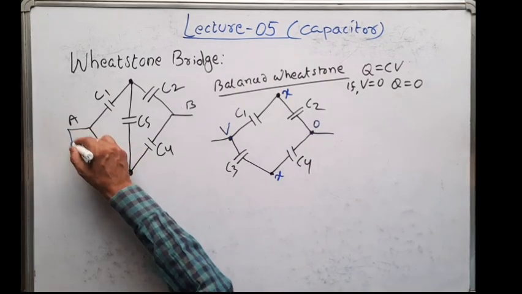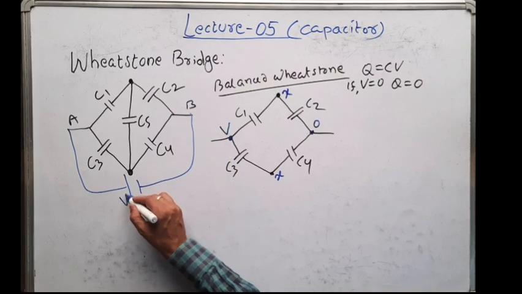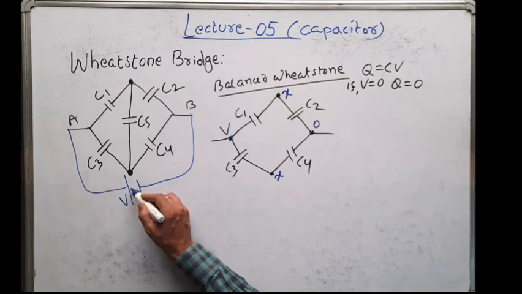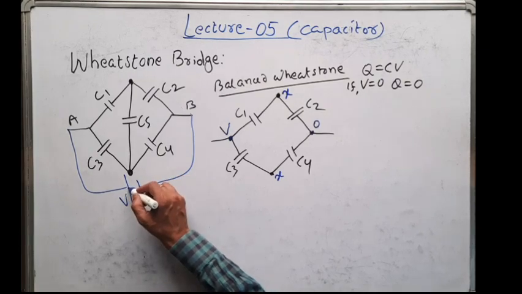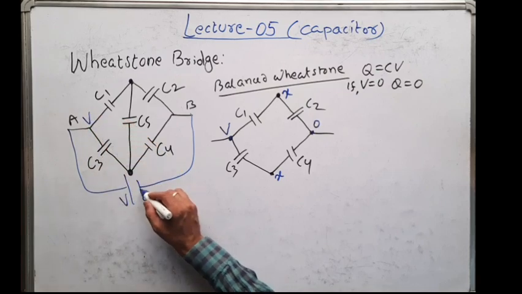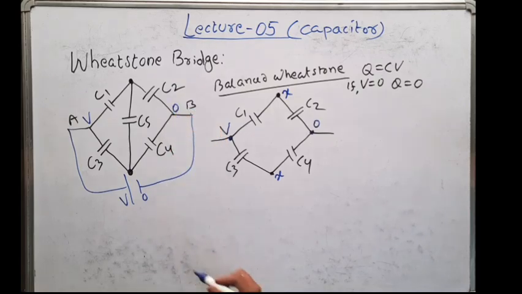If we connect a battery like this, the positive terminal voltage is V and the negative terminal voltage is 0, so the potential difference is equal to V. This terminal is connected to point A, so the A point potential will be V. This terminal is connected to point B, so the potential at this point is equal to 0.